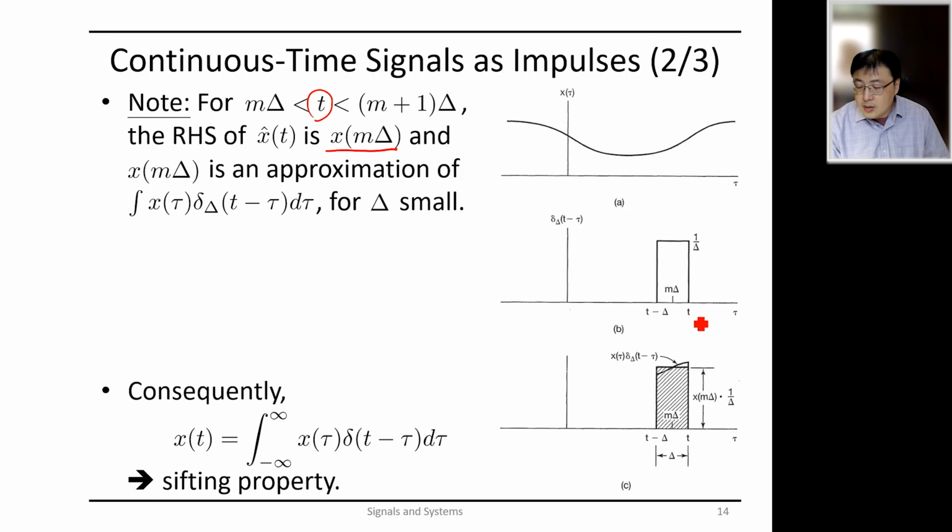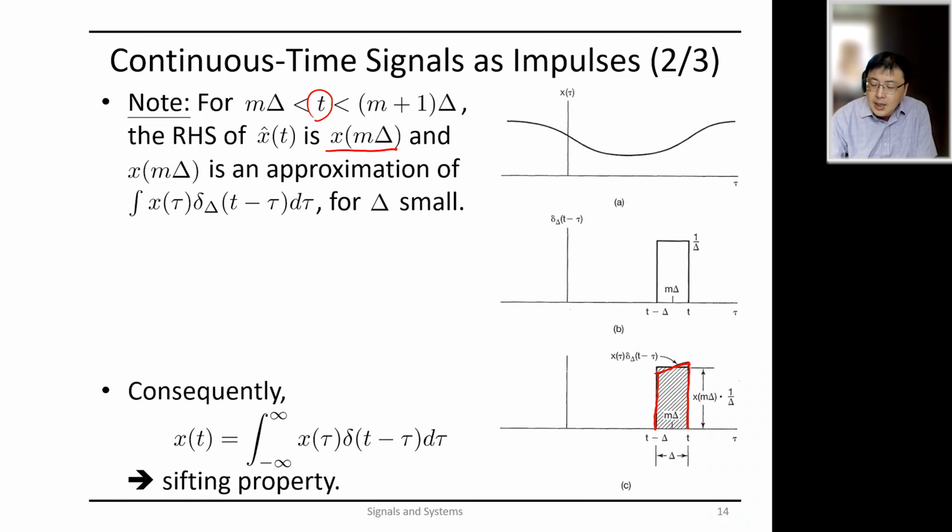So if you multiply x of tau with this delta of t minus tau, then the function you get is this function here. Now, if you take the integral of this function, you hope to obtain the area under this red curve here.